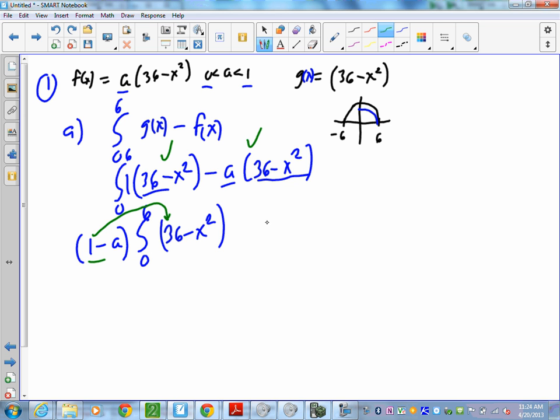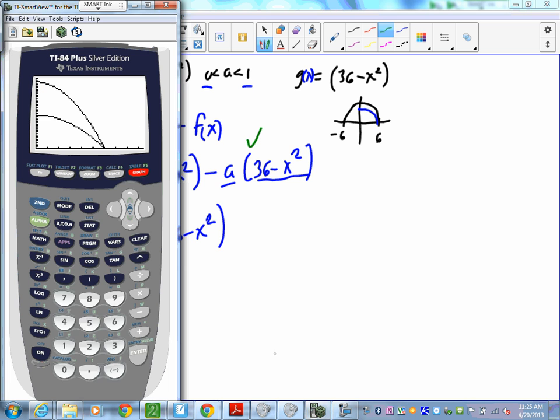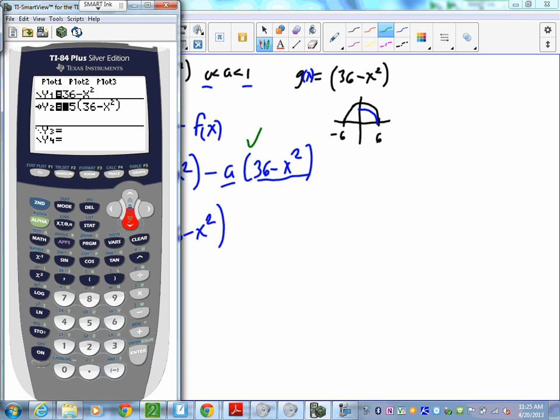So surely we can use a calculator on this part. I put both the equations in here, and I just made up a value of 0.5 for a, because that's halfway between 0 and 1, right? So really, what I am looking for is the integral from 0 to 6 of this first function.